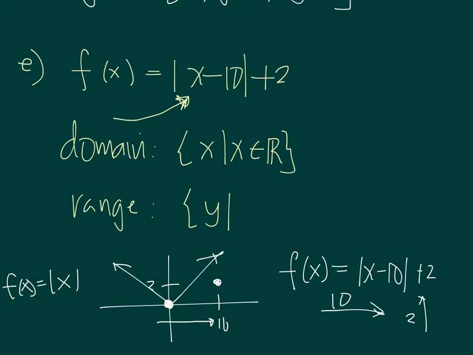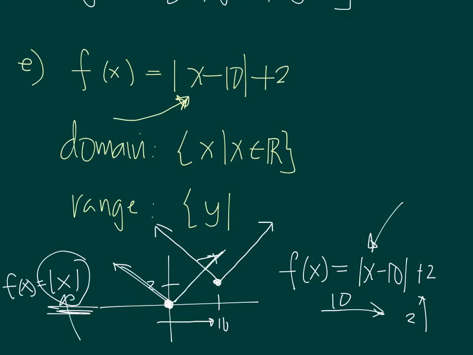So since the function absolute value of x minus 10 plus 2 came from the absolute value of x, it should have a graph following the graph of the absolute value of x. As we can see, the graph can only have a value from 2 up.